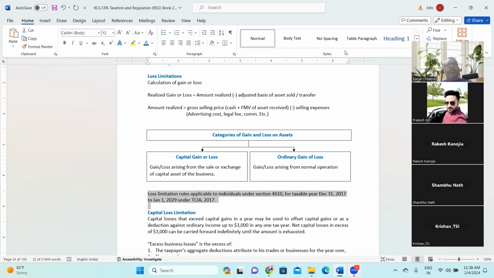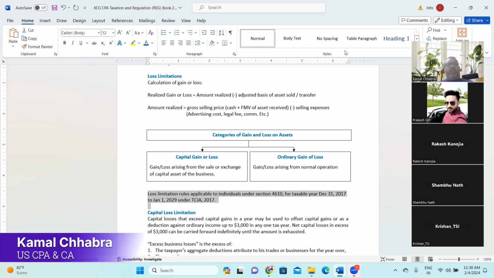Very good point, Rakesh. Let me elaborate on this. This came under the TCJ Act 2017, the provision of this capital loss limitation. Any capital loss from December 2017 to 2029, for those losses, this provision is allowed: 2017, 18, 19, 20, 21 up to 2029.